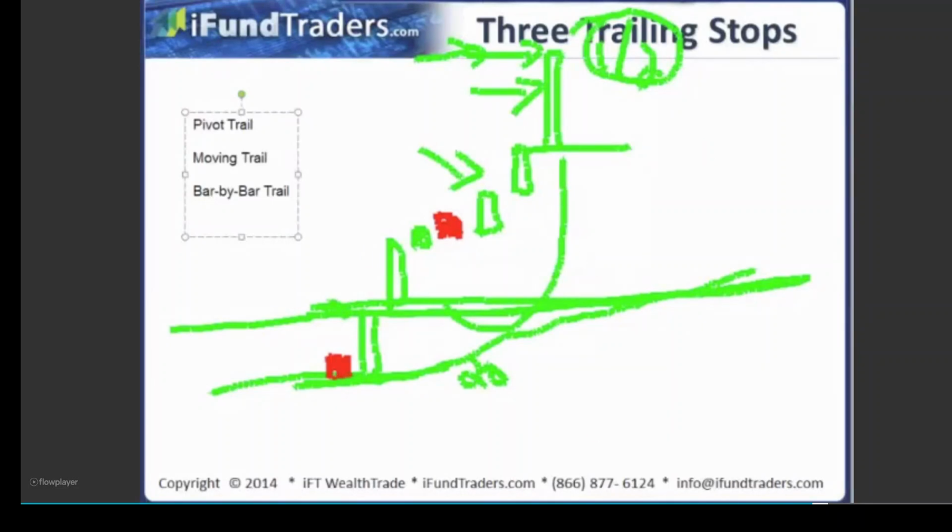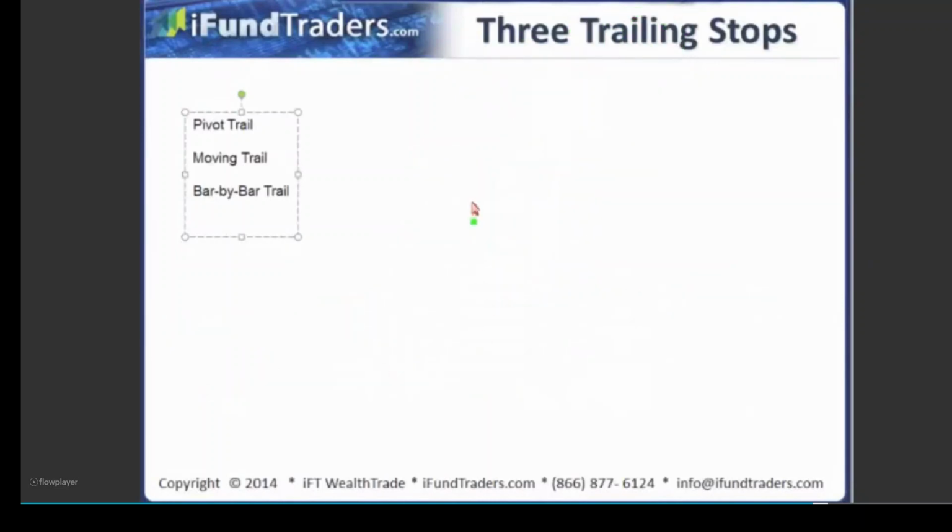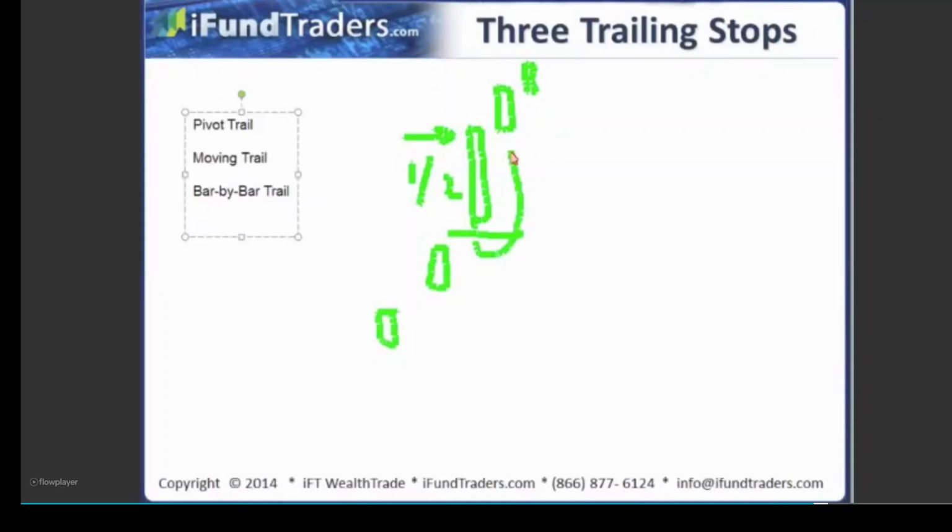As this goes higher, let's say you're here now. You took a half off. This goes higher. You might decide to stay 1 bar behind. So you were here. Now you're going to move your stop to here.